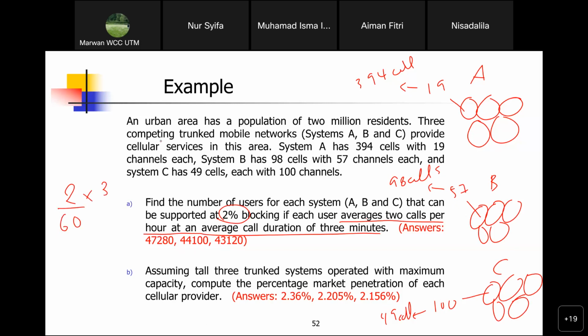So that will give you 6, divided by 60. So per user is 0.1 Erlang.